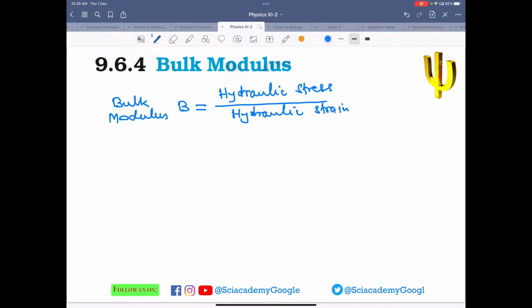So bulk modulus is always given as B is equal to minus P divided by delta V by V. Here delta V is negative.